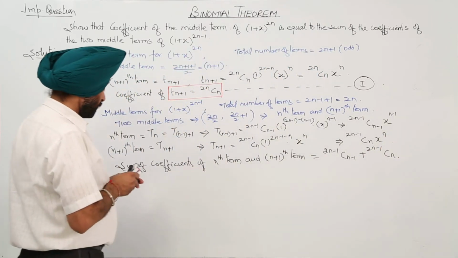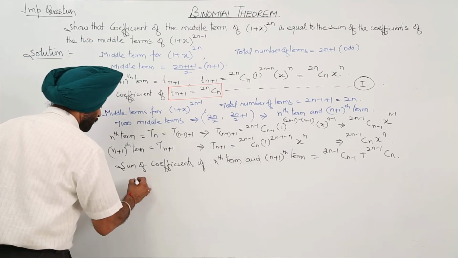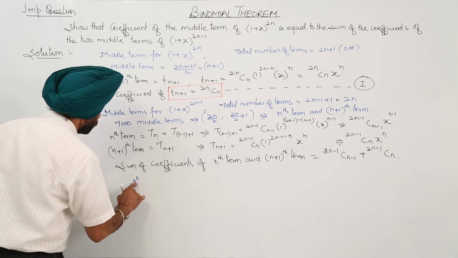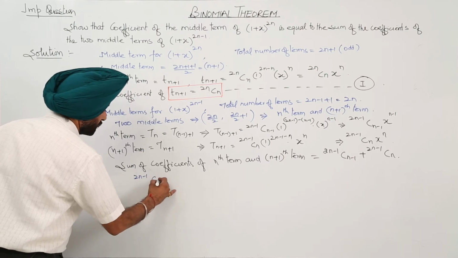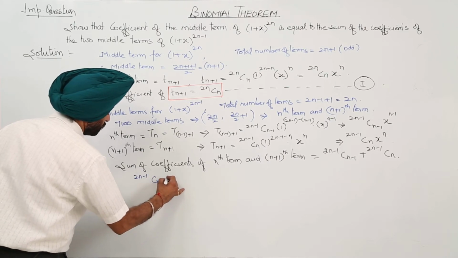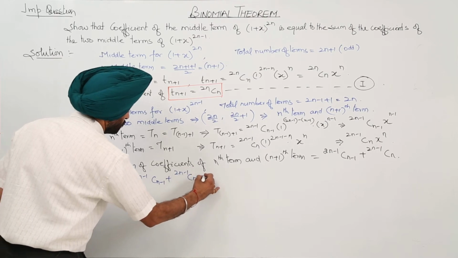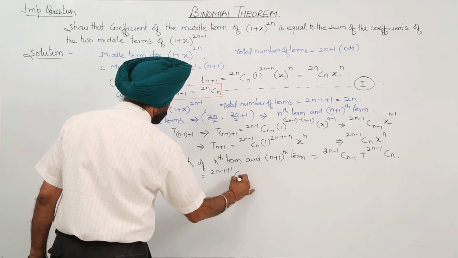Okay. Now, we have gone through a theorem. We will have (2n-1)C(n-1) + (2n-1)Cn. This will be equal to (2n-1+1)Cn.